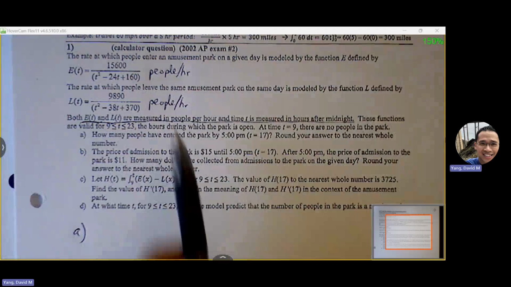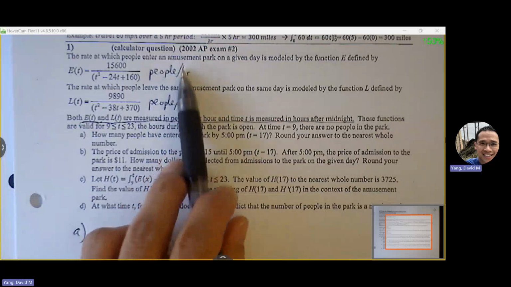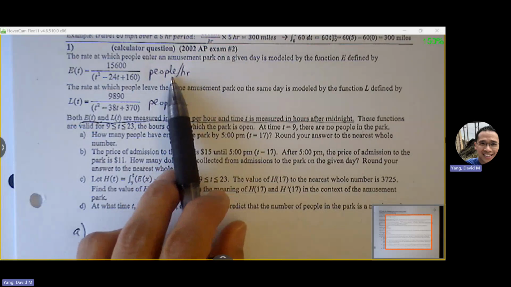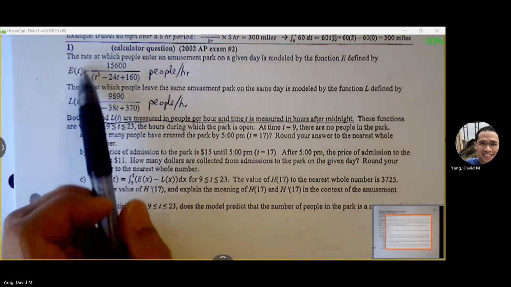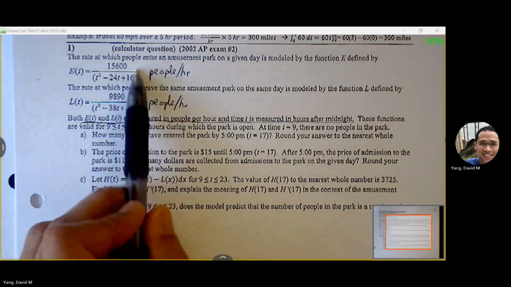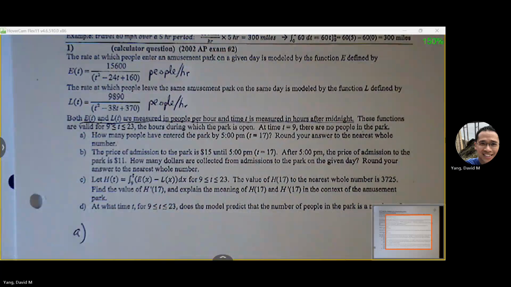So what can we do to get this people per hour back up to the number of people? Just take the what? What can we do to accumulate the rate over a period of time?